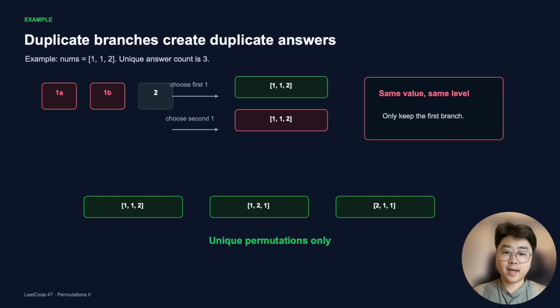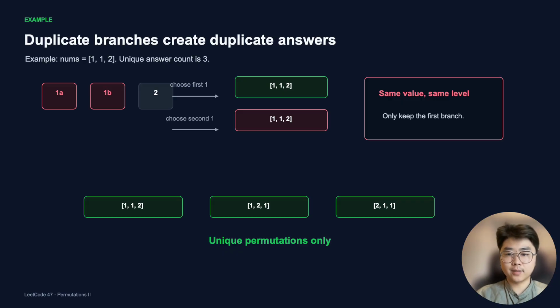Imagine that we secretly named two identical numbers 1a and 1b. If we choose 1a as the first number, we can generate 1, 1, 2, but if we choose 1b first, we may produce exactly the same sequence. So the computer sees two different indices, but the final answer sees only identical values.